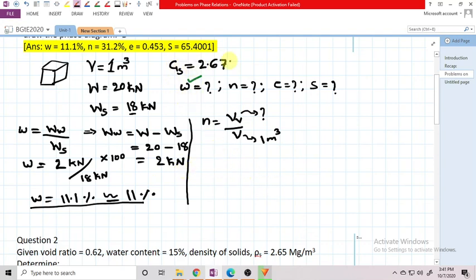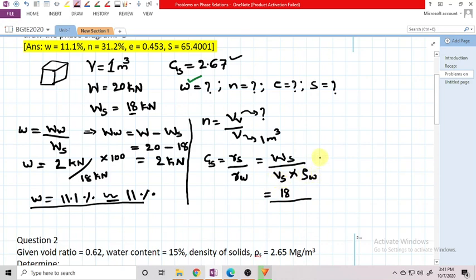One more parameter they have given is specific gravity. Can I utilize this? What is specific gravity? Specific gravity equals density of solids by density of water. What is density of solids? Weight of solids divided by volume of solids, into the unit weight of water.